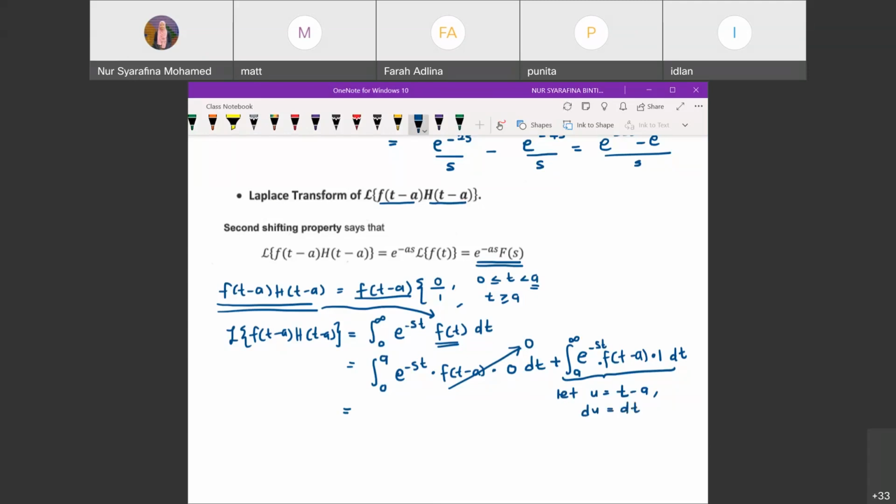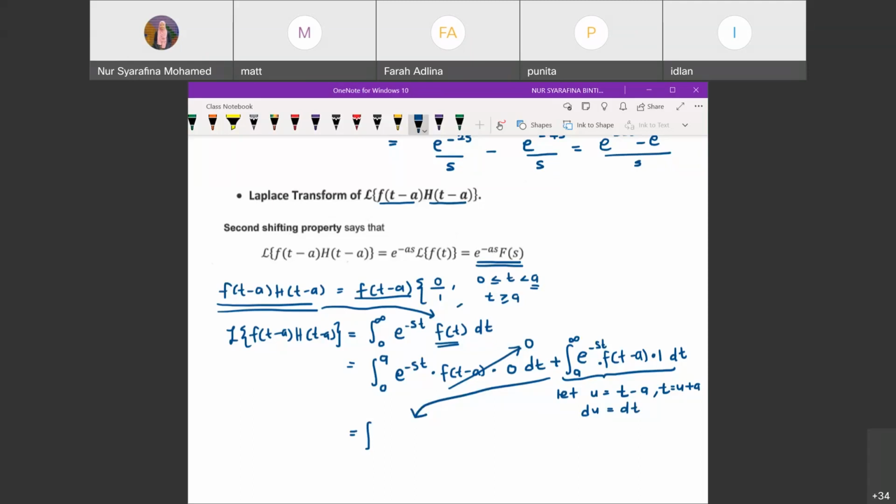Okay, so if u equals t minus a, so t equals u plus a. So substitute here. Then we have the integral from, this one is t, right? Okay, this one is t.